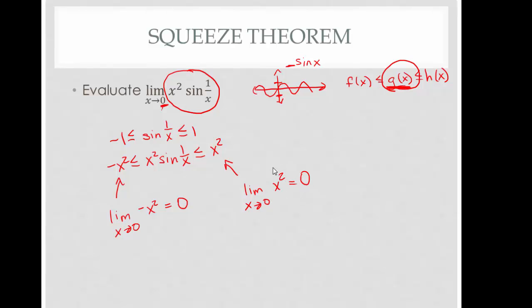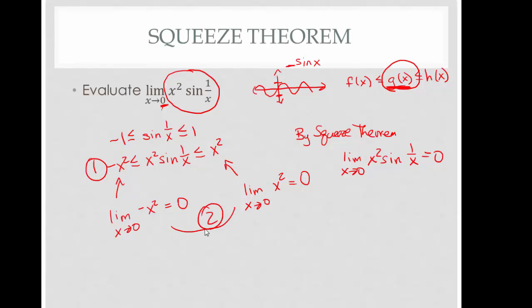Also a polynomial, so you get to directly substitute. So therefore, by squeeze theorem, the limit as x approaches 0 of x squared times the sine of 1 over x must also equal 0, because I met the first requirement for squeeze theorem, and these two together give me my second requirement for squeeze theorem. So this is traditionally how we'll use squeeze theorem.